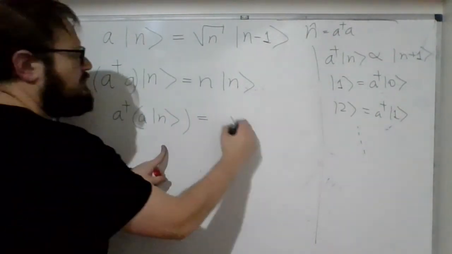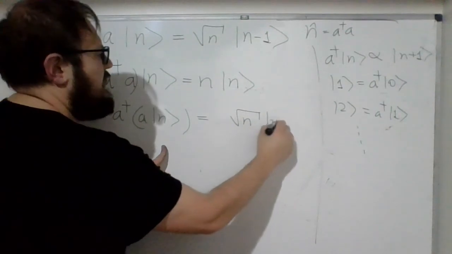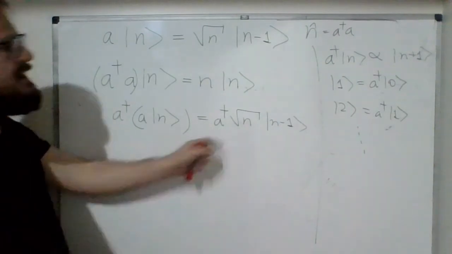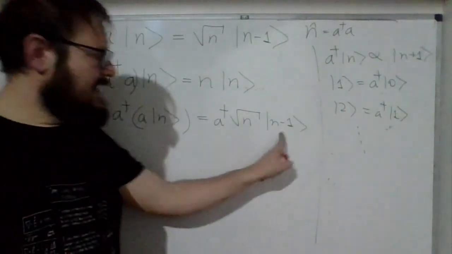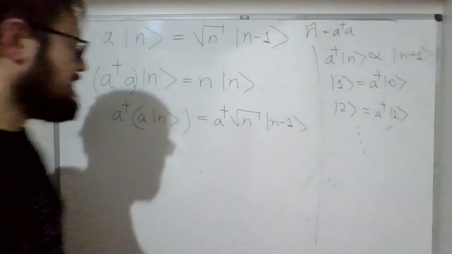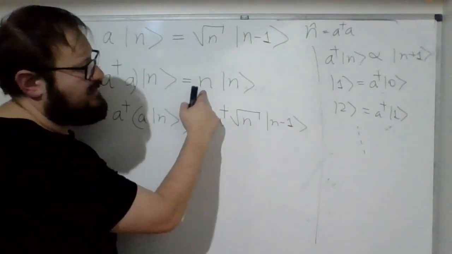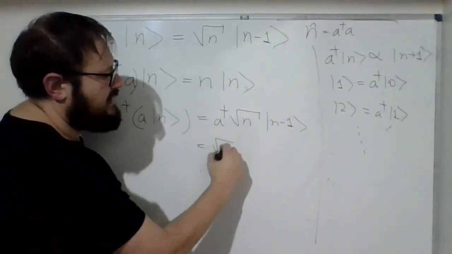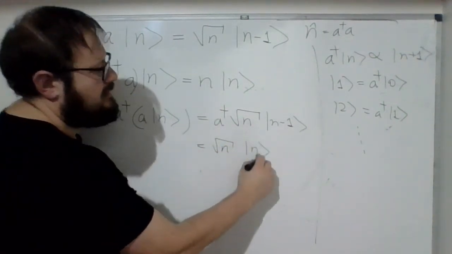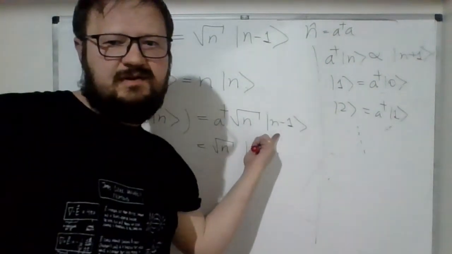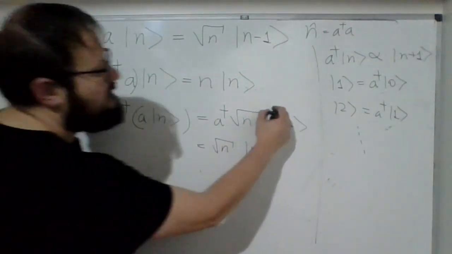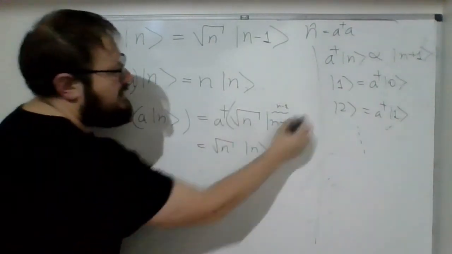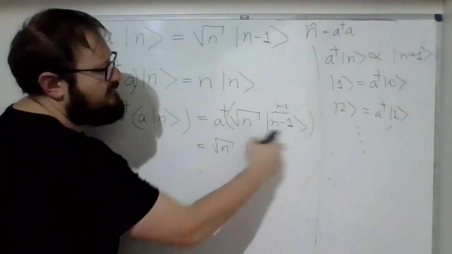And this produces the square root of n, n minus 1, this action here, and I need to have A dagger operating on that thing, just to have this result here. I need to have n, and it must produce some square root of n times raising by one unit this thing here. So here I have n minus 1, the proportionality factor of A dagger operating on something like that.